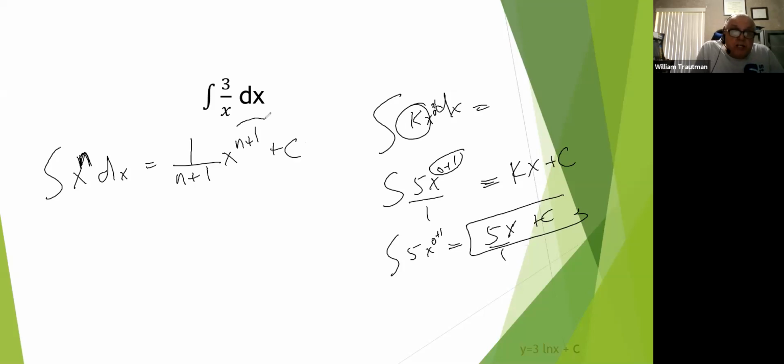We add 1 to the power, and then when we add 1 to the power, we put that new power down in the denominator. So that's what that second one is on this paper under common integrals. All right, so I want you to see the third one.